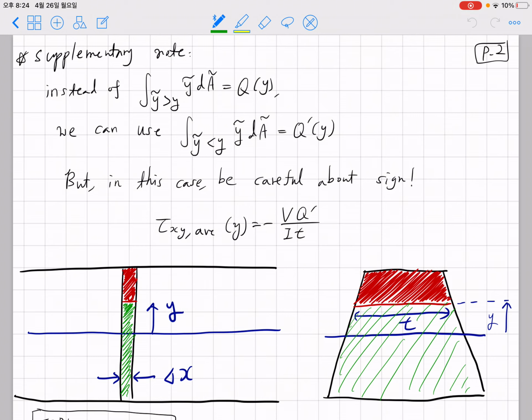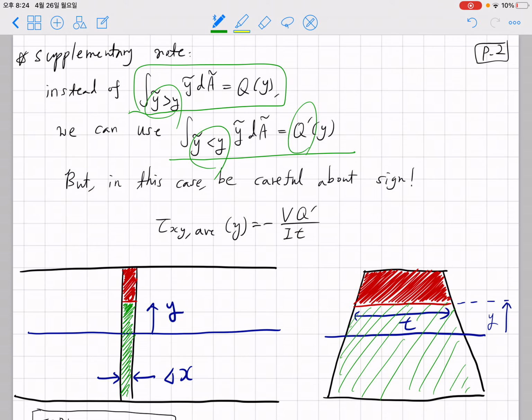So instead of using the area above the y, you can use the area below the y. Please see the difference between the above and bottom equation, and let's call this Q prime. However, when you want to use Q prime instead of Q, instead of positive sign you have to use negative sign here. Okay, so let me give you explanation soon.